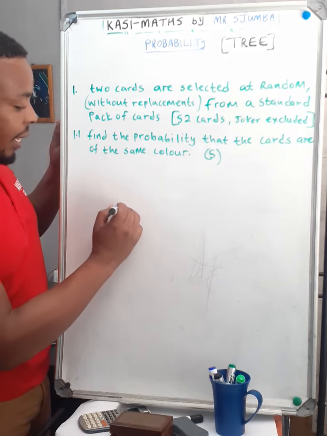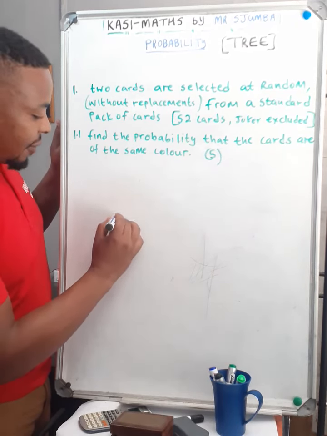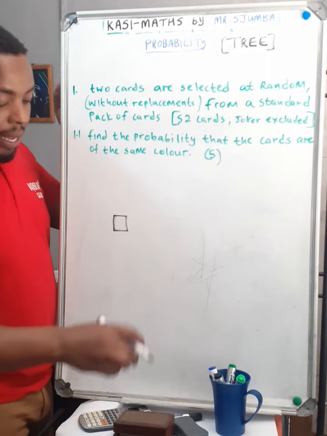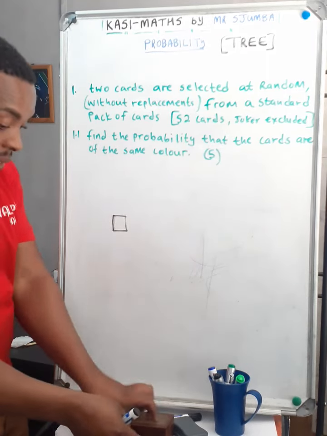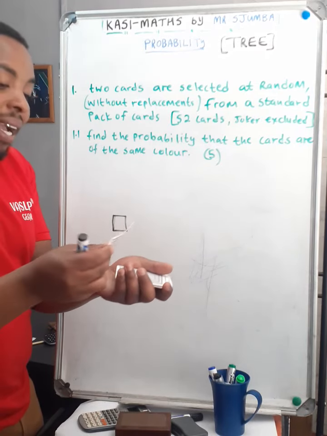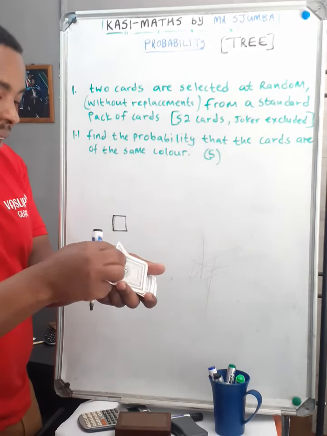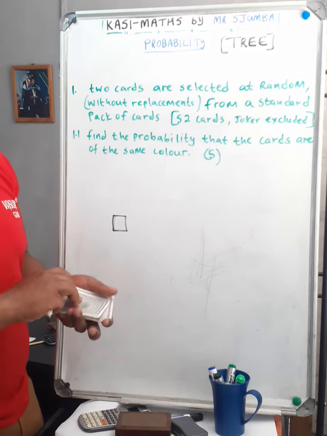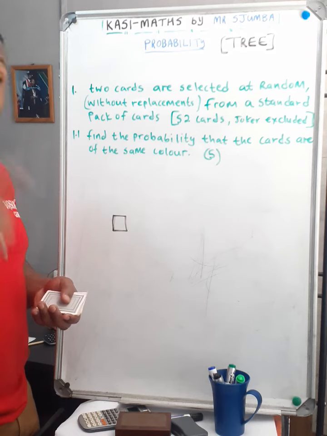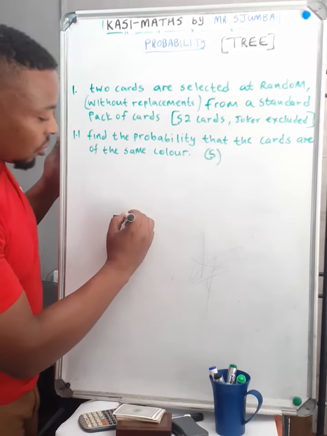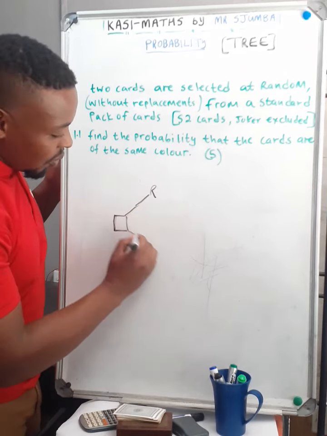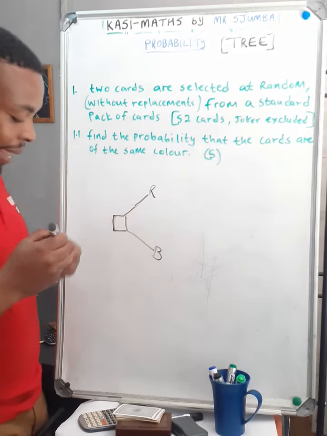When I draw a card, the card may be red or it may be black. So we have two possible outcomes, red or black.